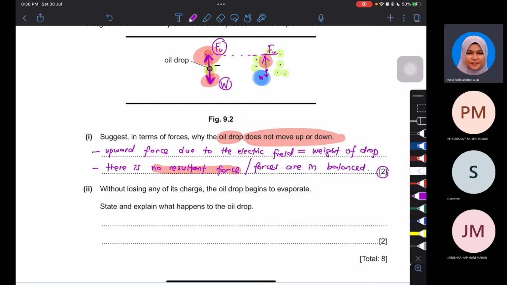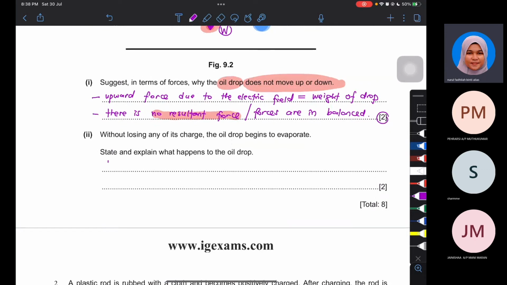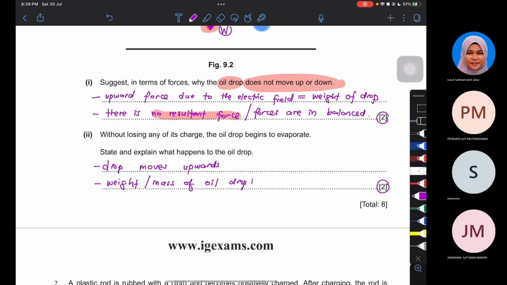So here we say the drop moves upwards. Why? You have to explain. Because what decreased just now? The weight, or the mass of the oil droplet, decreases. That's why.